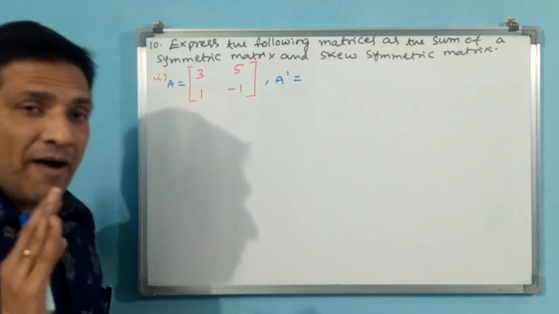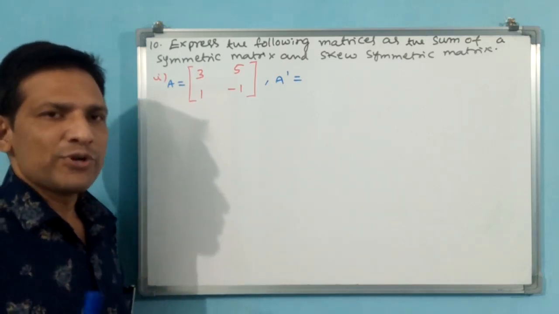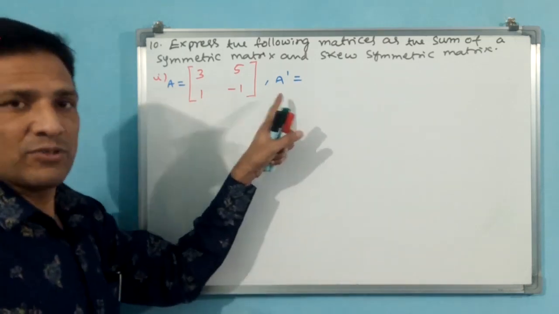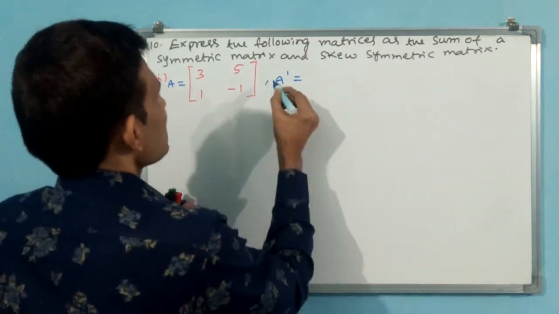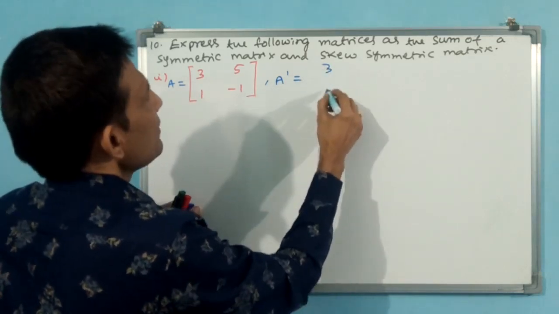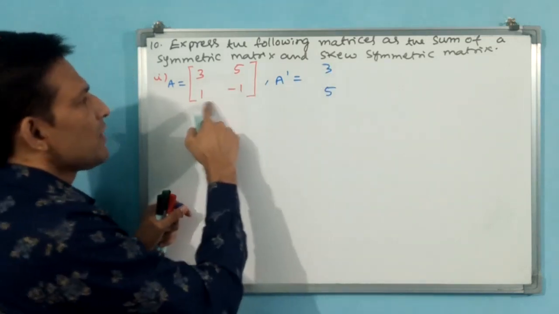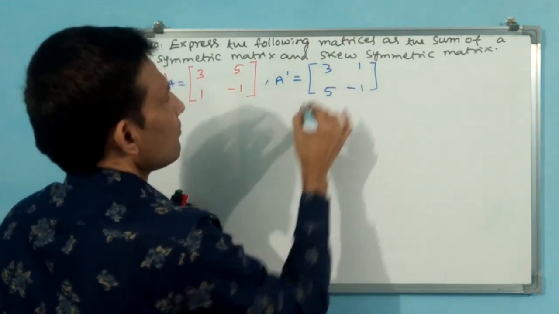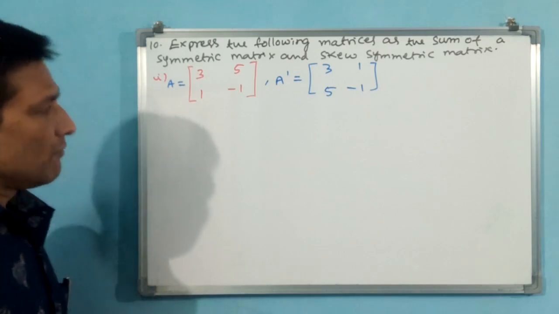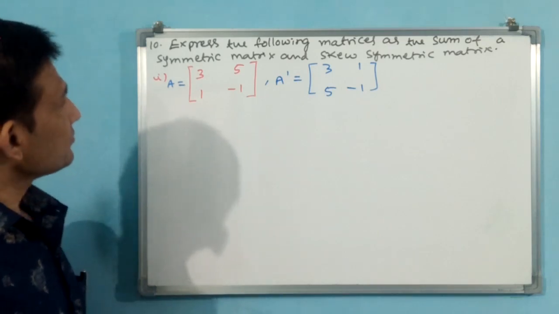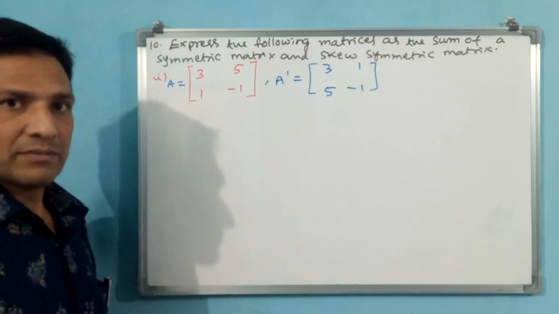That means after transposing only you are going to know the concept of symmetric and skew symmetric. That is why first thing is you have to transpose it. Let us transpose. Okay, A transpose is equal to 3 5 is going to become first column, 1 minus 1 is going to become second column. Now A transpose is there.